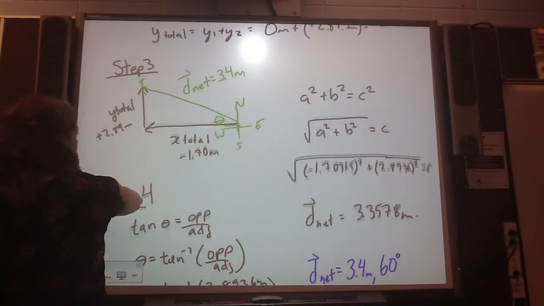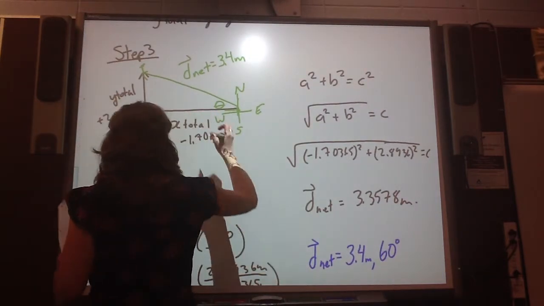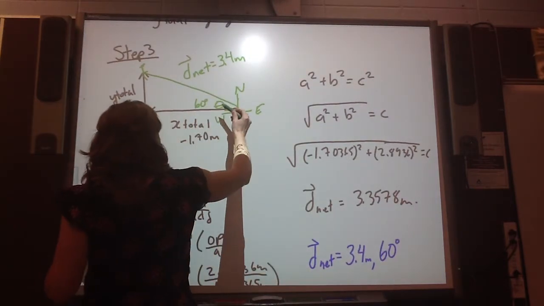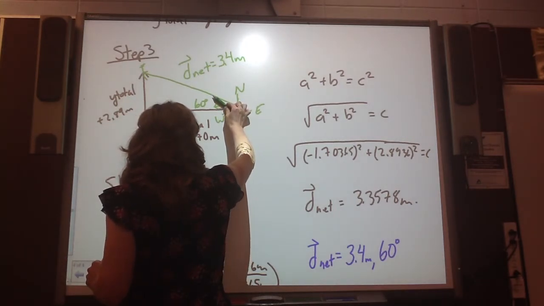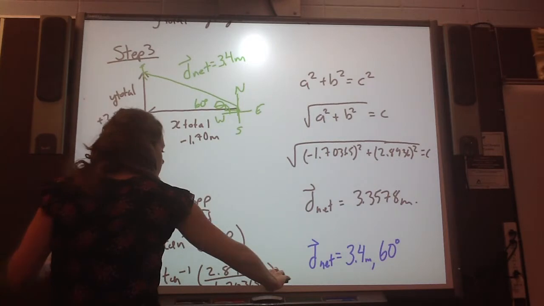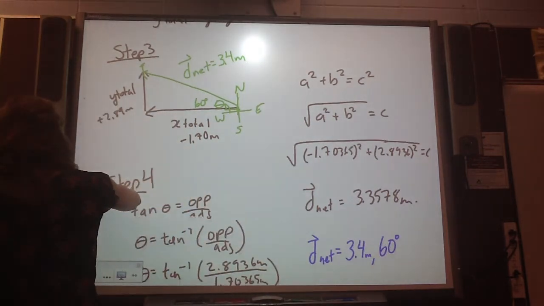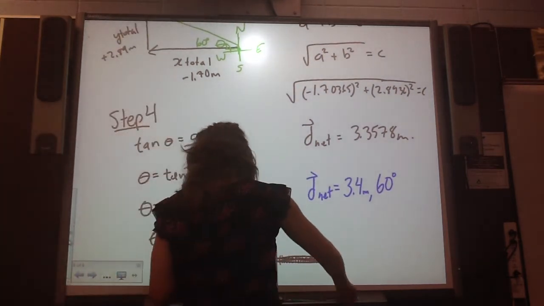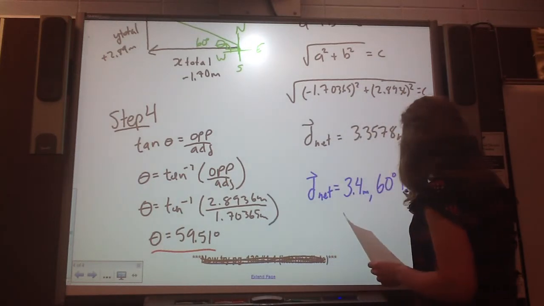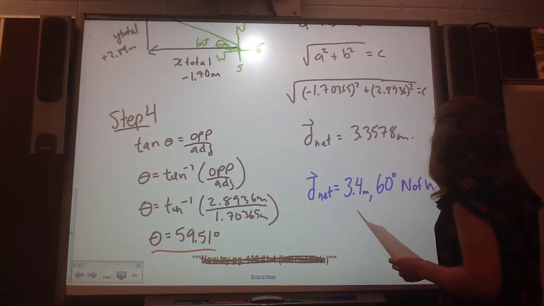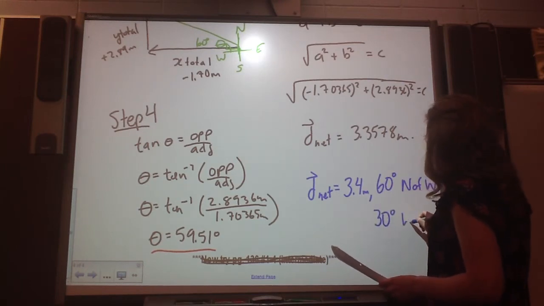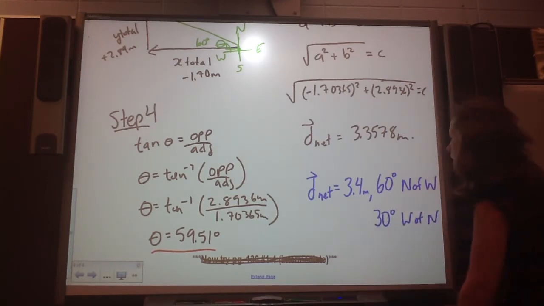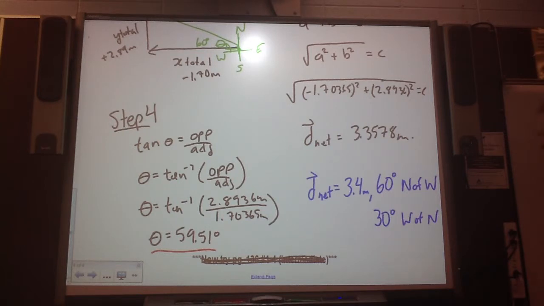Well, I went this, so if this is 60 degrees, I start at west, and I'm going up 60 degrees north. So this is 60 degrees north of west. Or you could write it 30 degrees west of north. Either are correct and fine.